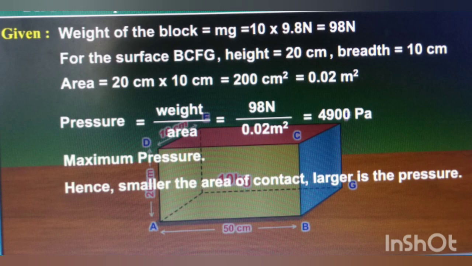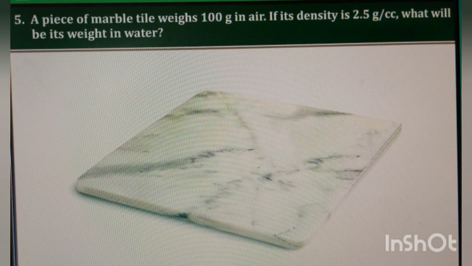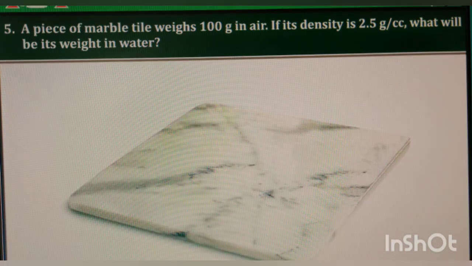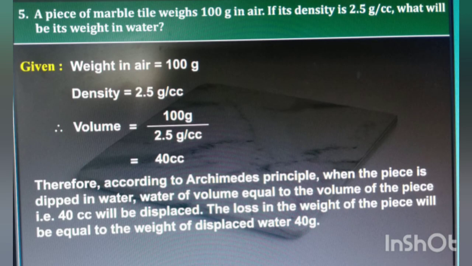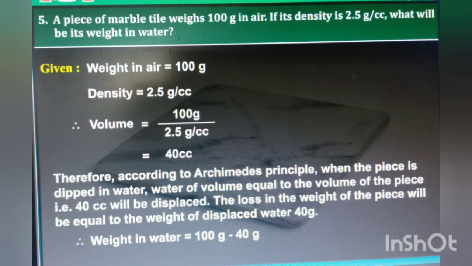Now fifth example. A piece of marble tile weighs 100 gram in air. If its density is 2.5 gram per cubic centimeter, what will be its weight in water? Weight in air is equal to 100 grams. Density is given as 2.5 gram per cubic centimeter. Therefore volume is equal to 100 gram upon 2.5 gram per cubic centimeter, which is equal to 40 cubic centimeter.